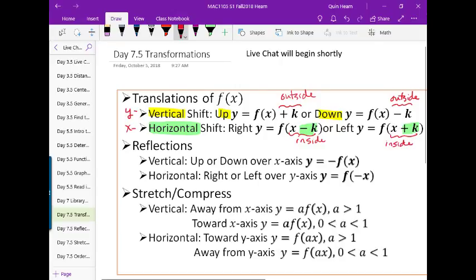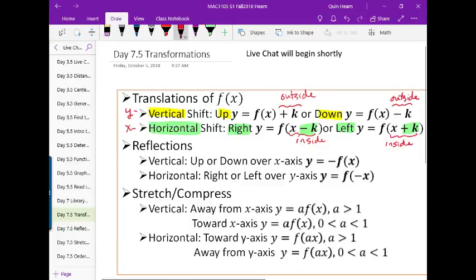It'll be inside the parentheses, inside a square root, inside a cube root, inside the absolute value. When that change occurs, you know it's affecting the x coordinate. Now notice when you subtract from the x coordinate, you actually get a shift to the right, and when you add to the x coordinate, you get a shift to the left, which is the opposite of what you would expect. Generally, anything that happens inside the function, it does kind of the opposite of what you would expect, except for reflections.